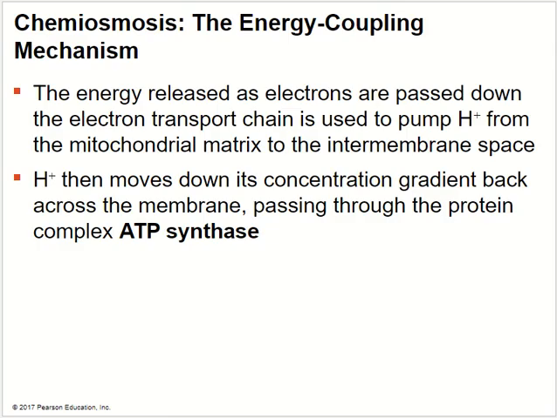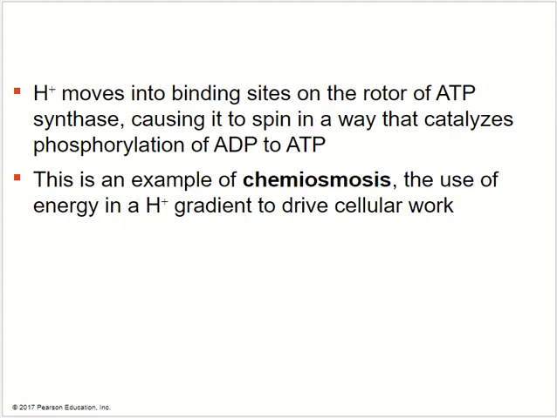The energy released as electrons are passed down the electron transport chain is used to pump hydrogen ions from the mitochondrial matrix to the intermembrane space. Protons, or H+ ions, then move down the concentration gradient back across the membrane, passing through the protein complex ATP synthase, something that's used to synthesize ATP.